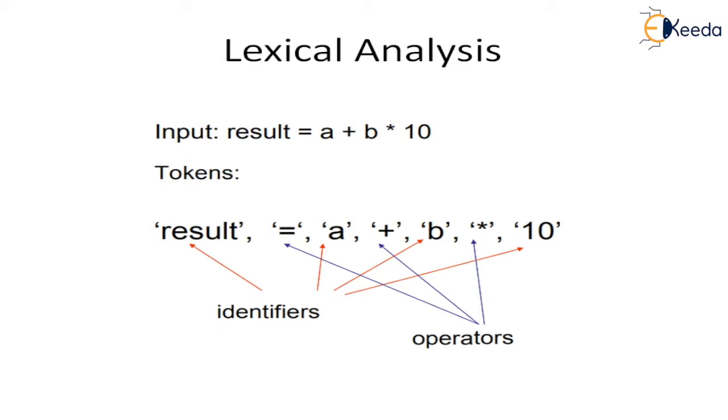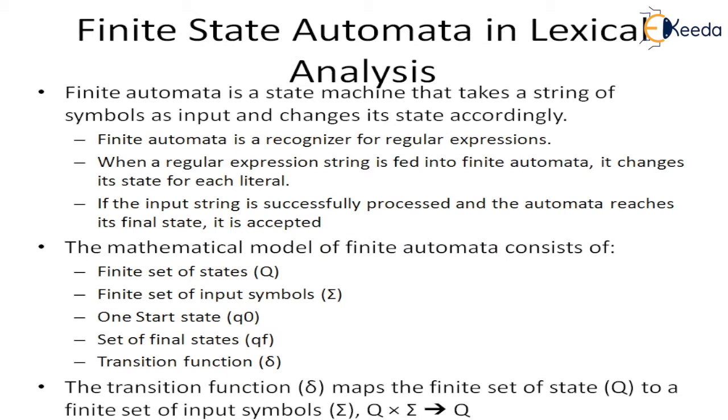There are different types of tokens, such as identifiers and operators. In this program, result, a, b, and 10 are identifiers, and equal to, plus, and multiplication are operators. So in this way, lexical analysis is done.